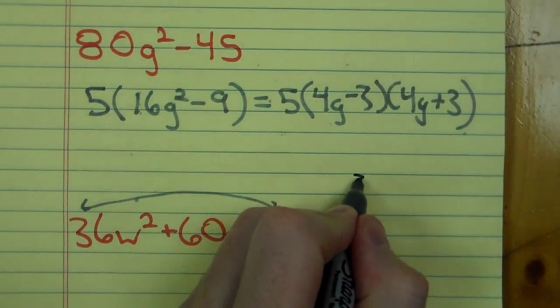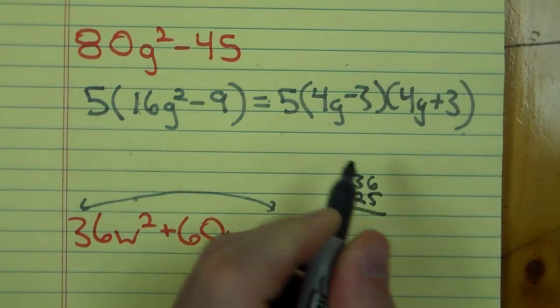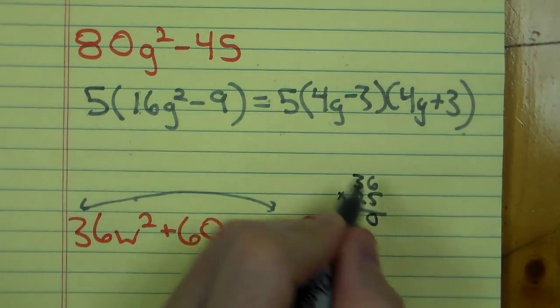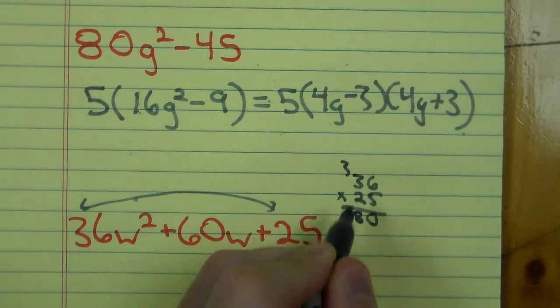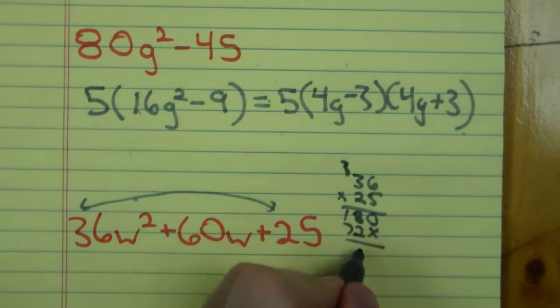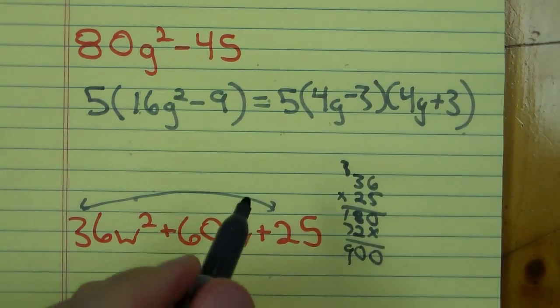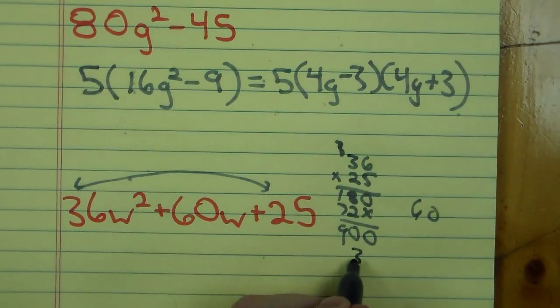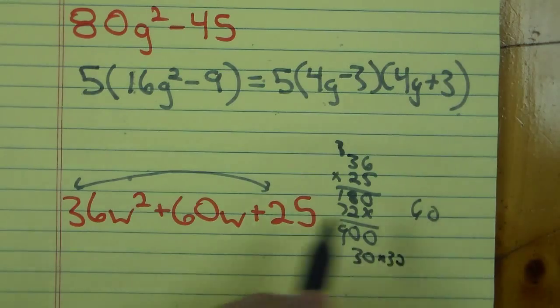So let's go 36 times 25. So we get 900, and it's got to add to 60. Well, 900 is 30 times 30, and that does add to 60.